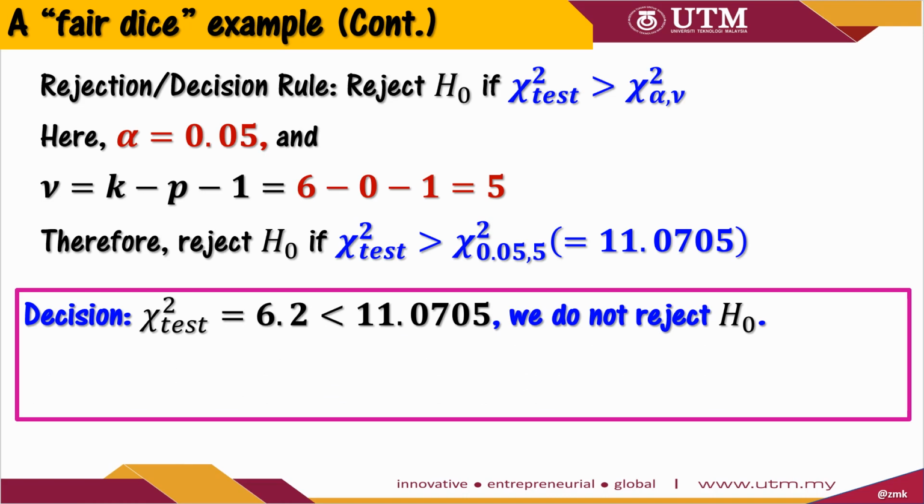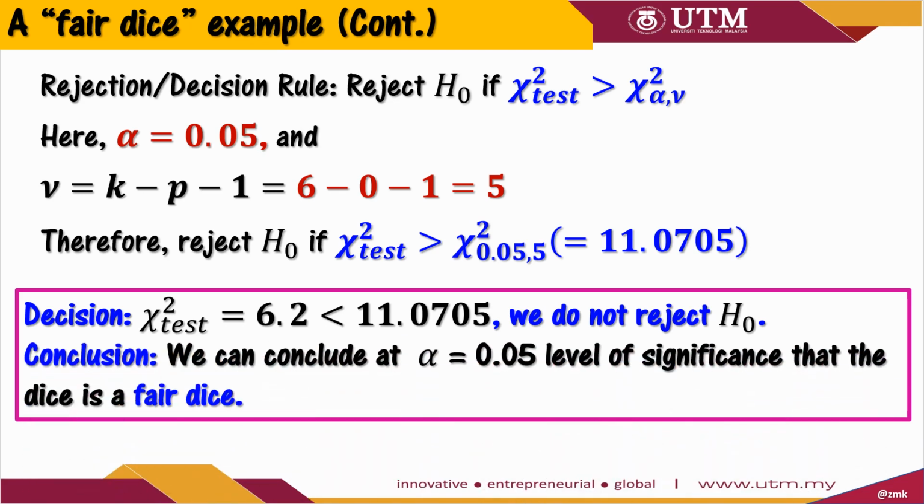Therefore, we can decide not to reject H0 and conclude that at the level of significance alpha equal to 0.05, the dice is a fair dice. Or we can alternatively say that we do not have evidence at 5% level of significance that the dice is not a fair dice.